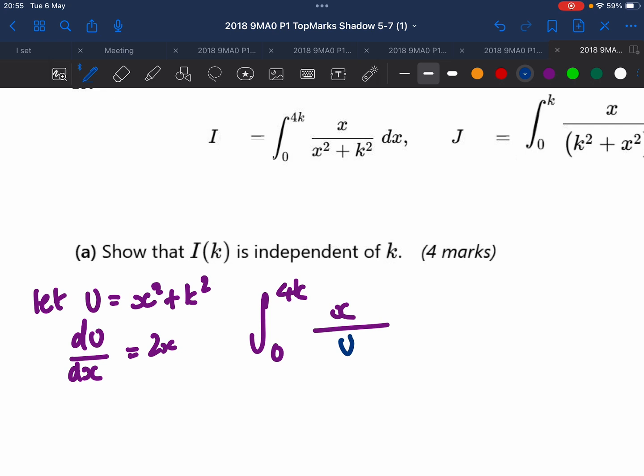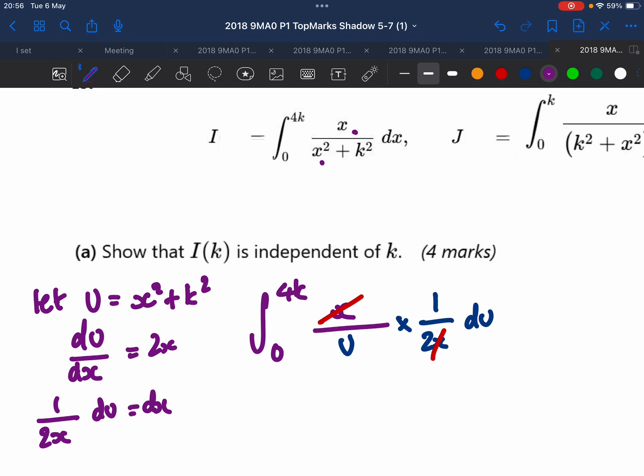And dx, if we sub dx out, is 1 over 2x du. And can you see that that cancels? That's the bit that I was doing in my head by inspection, spotting that these things were connected.